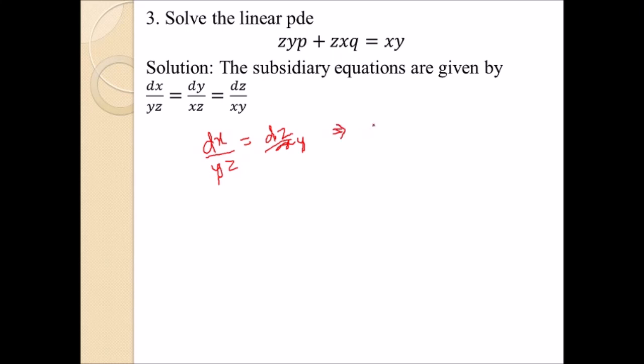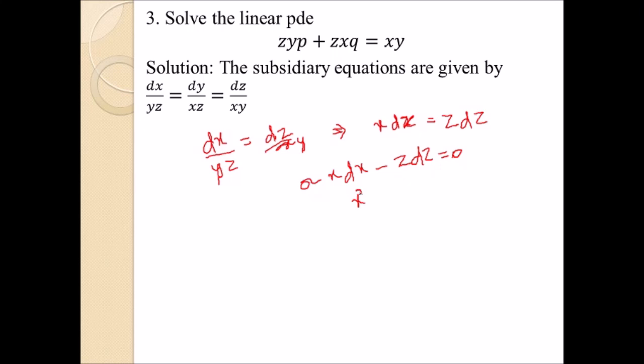We get here x dx equals to z dz, or x dx minus z dz equals to 0.